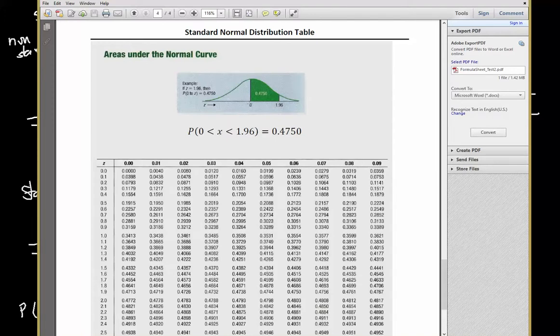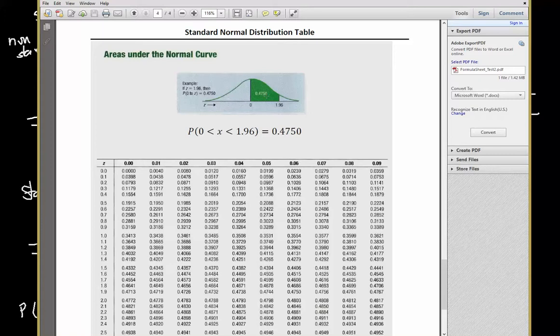If you look at the top of the table, this picture tells us how it works. We have a standard normal curve, and we have 0, and the area that's shaded is the green area, and there's an example here, it goes up to 1.96, and that tells you that the area is 0.4750 or 47.50%.